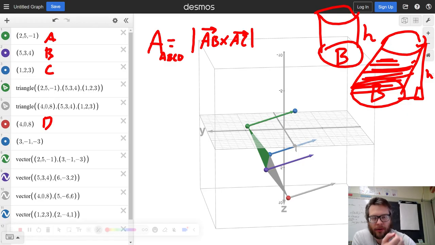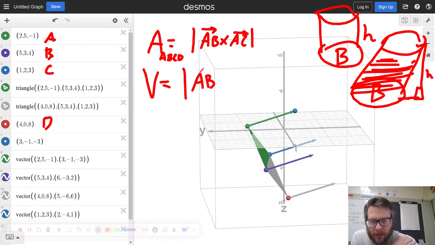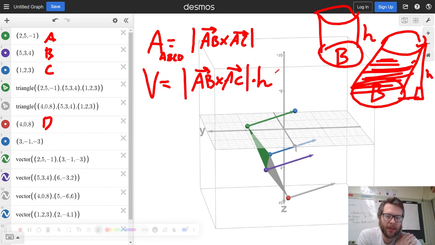So now what we know is that the volume of our parallelepiped is going to be the area of the base multiplied by the height of the shape. And again, the caveat is that the height needs to be perpendicular to the base.